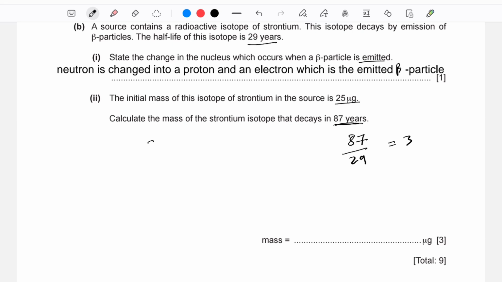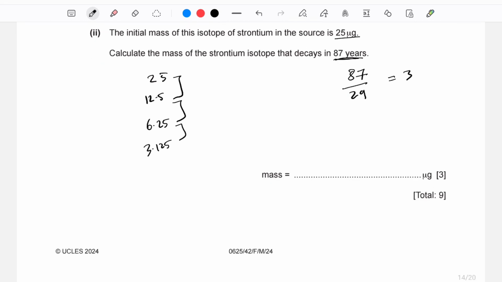So the initial mass is 25, and after the first half-life it would be 12.5, and then after the second half-life it would be 6.25. After the third half-life it would be 3.125. So the mass would be 3.125.